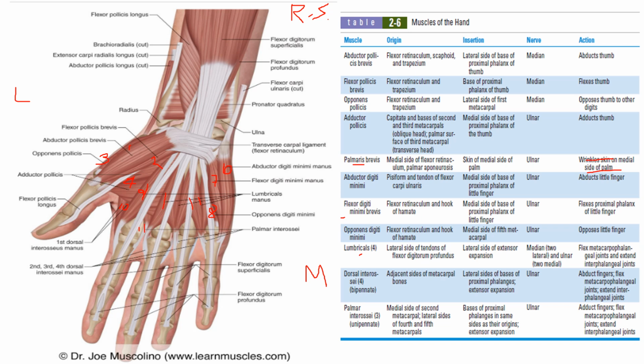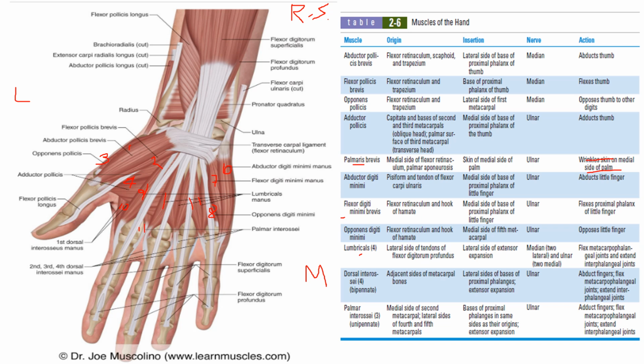All of the dorsal interossei, unlike the lumbricals, are innervated by the ulnar nerve. The function of the dorsal interossei is to abduct the fingers, such as when we try to make a web out of our fingers. They also function to flex the MCPs, the metacarpophalangeal joints, as well as extending the interphalangeal joints.